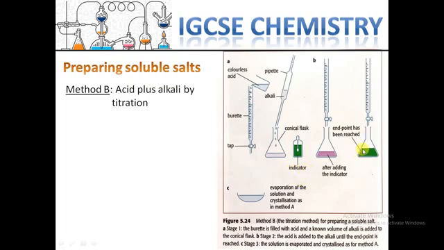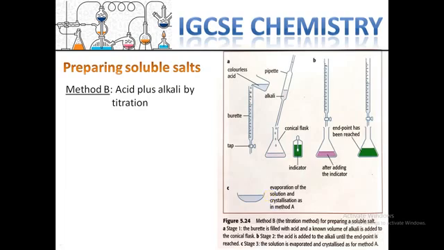That means at this point, the end point, all the acid in the conical flask has reacted with alkali. It's 50% acid and 50% alkali, and all have reacted. Then you will get a neutral solution, which is neither acid nor alkali.